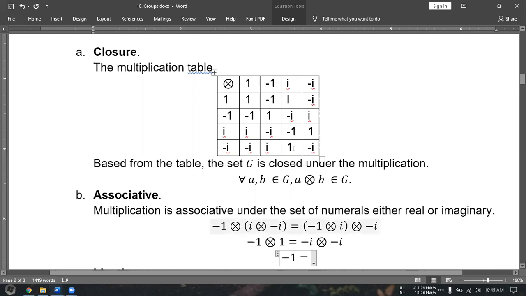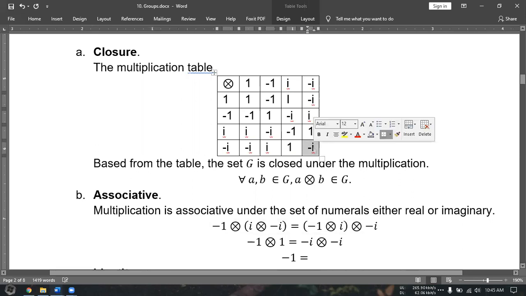What happened? Why were they not equivalent? Tama, sir. Negative 1, no? Negative i. There should be negative 1. Negative times negative is positive, i times i is negative 1. So there should be negative 1.